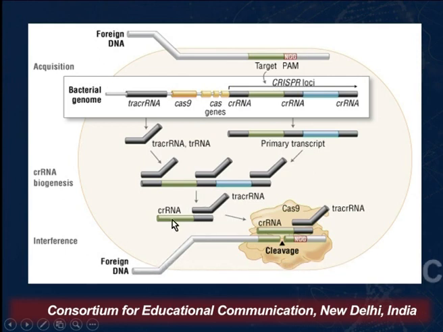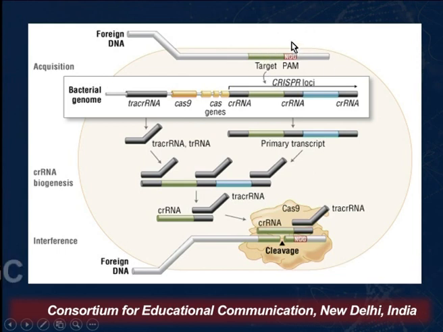Now this gets associated with the Cas9 protein molecule. So this RNA gets associated with the Cas9 protein. Now Cas9 is a nuclease. Now this unit, the Cas9 and this discrete unit, when associated, will be guided to bind to the target DNA, because this particular region contains homology to the target DNA.